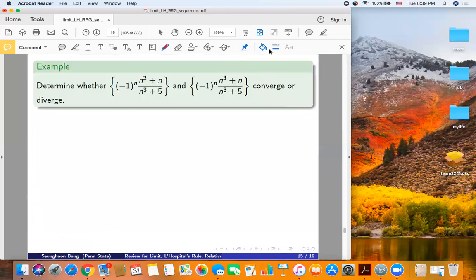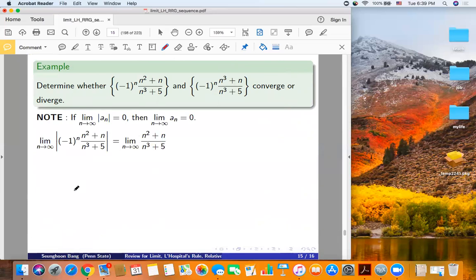The next one: determine whether the two sequences are convergent or divergent. How can you solve this? You can take a limit. For the first one, take the absolute value. We use relative rate of growth.